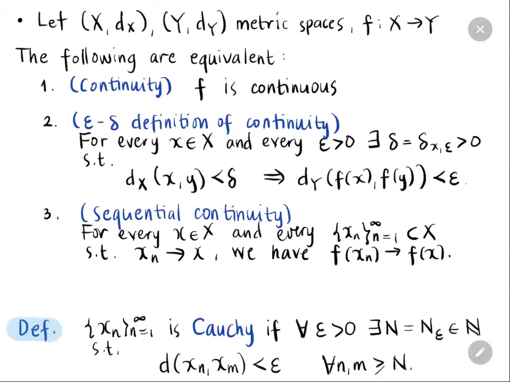Okay, paramount to the concept of metric spaces is what we call completeness. So before we define what we mean by a complete metric space, let us define what we mean by a Cauchy sequence.